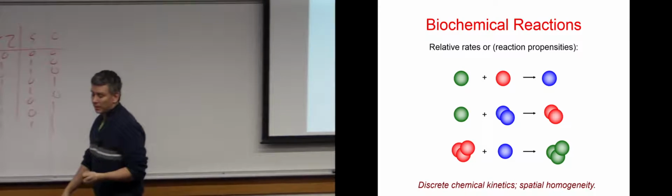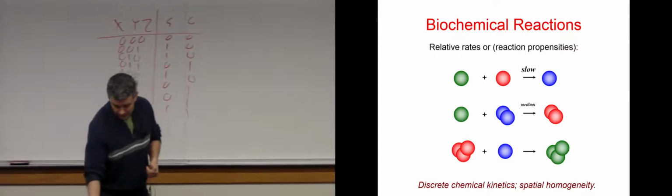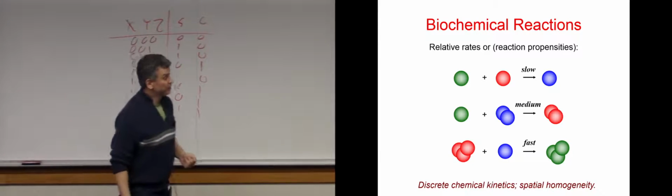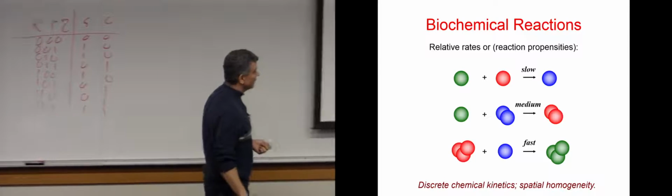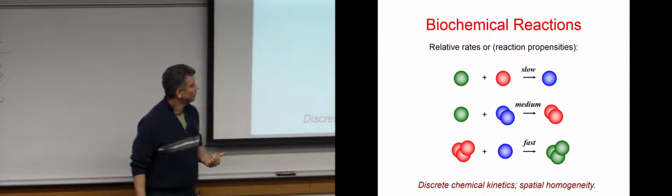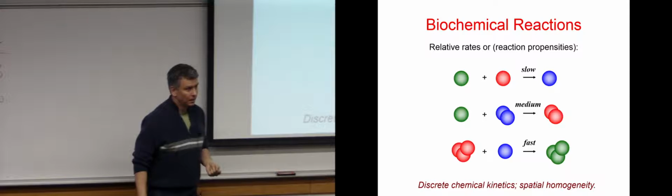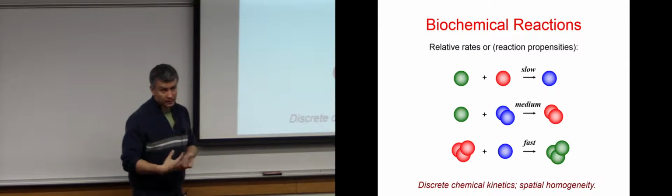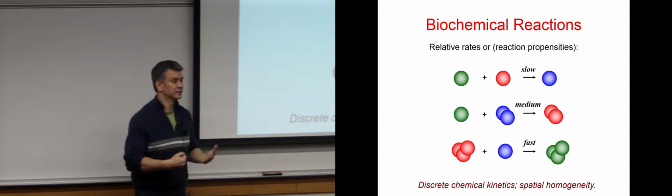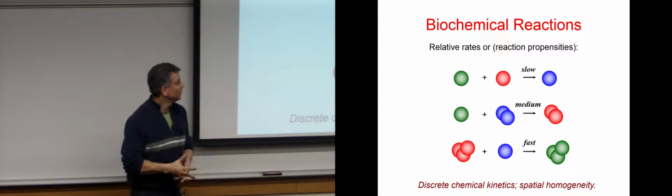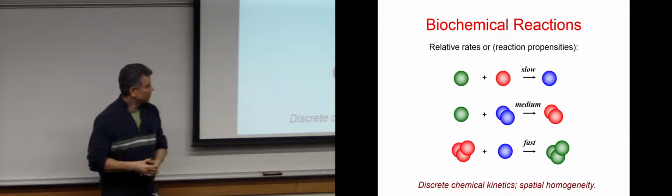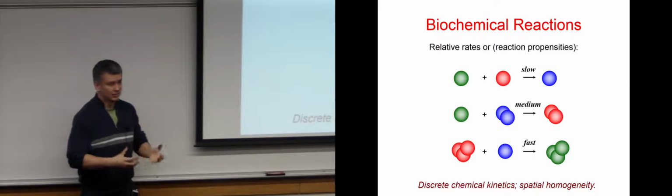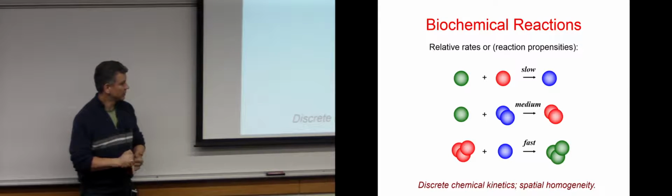But more importantly than that, we can also have different rates at which things happen. So we can have certain reactions that go slowly, others that go medium, others that go fast. And so different rates operating on different rules, operating on our finite state machine, that is essentially the toolbox, or the set of toys that we have to play with to compute reactions.